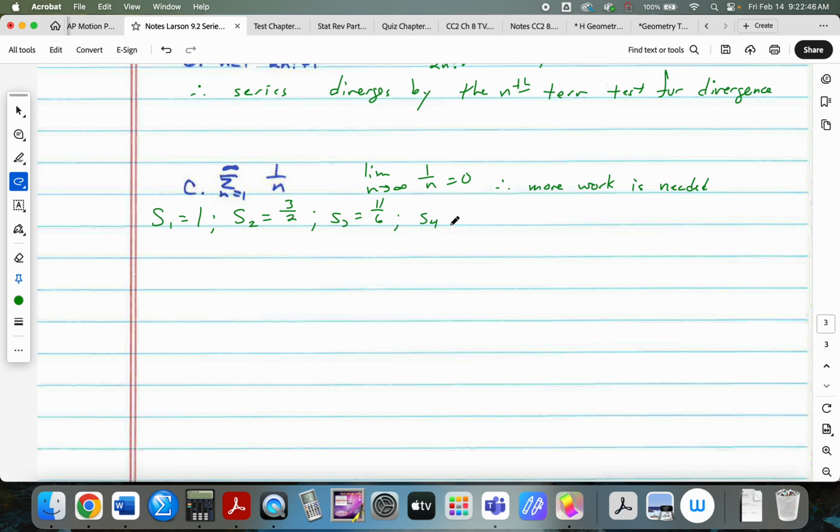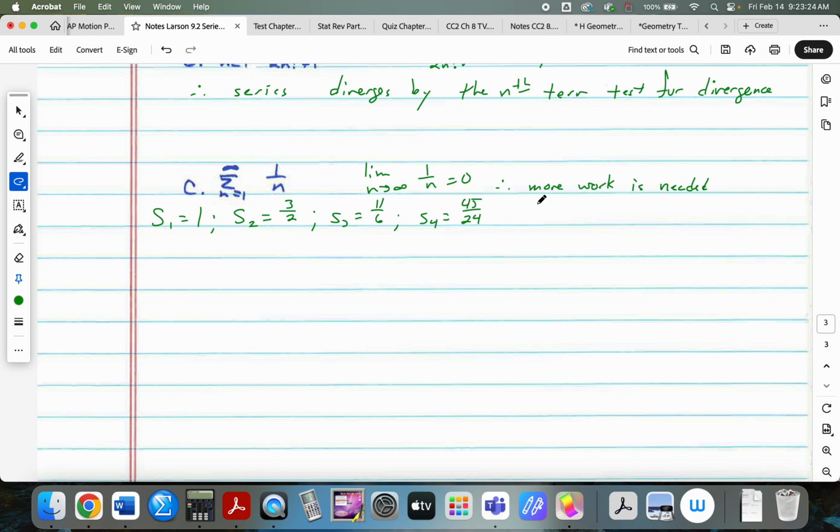The fourth would be plus 1/4, so that would be 25 twenty-fourths. I don't see a nice pattern there. At this point, we don't know enough to be able to tell whether this converges or diverges.